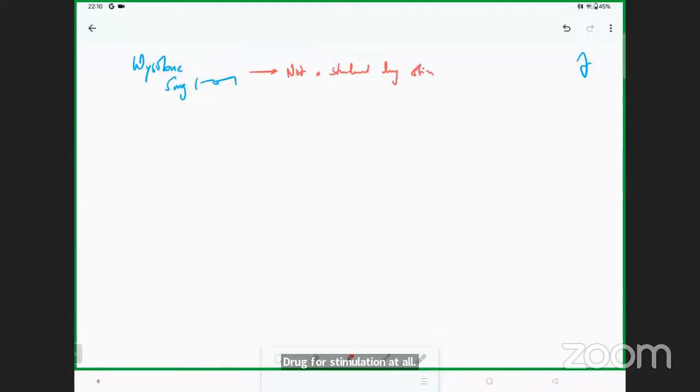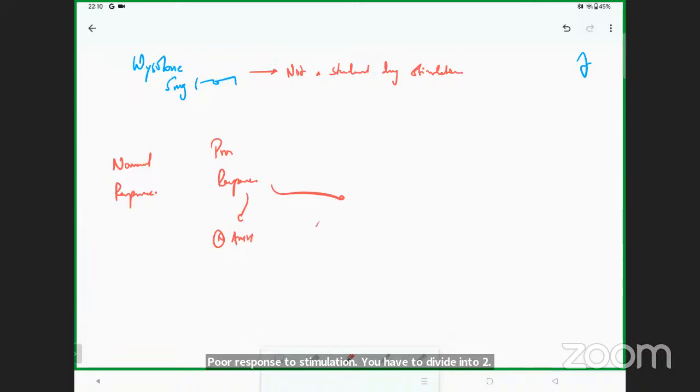So broadly, when you look at any form of steroid, especially Wysolone, because everybody is going to use this as a brand name, you are supposed to look at three situations. One is a normal response. Second is a poor response to stimulation, which you have to divide into two: one is normal AMH, one is low AMH.